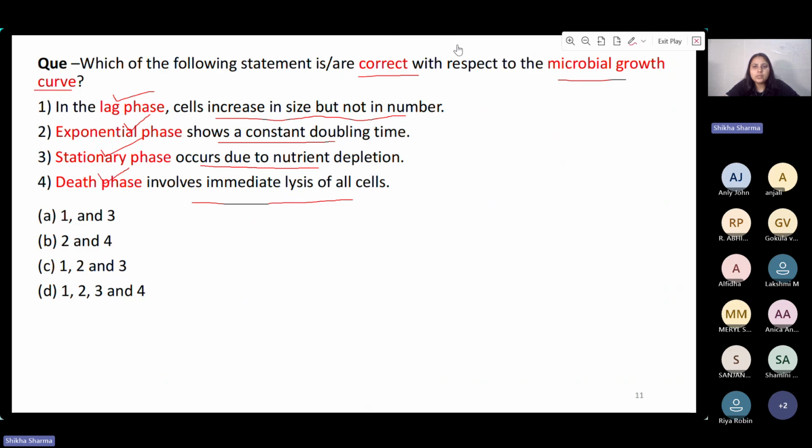Anyone who would like to answer this question? Anjali is saying D is the correct answer, that all four statements are correct.